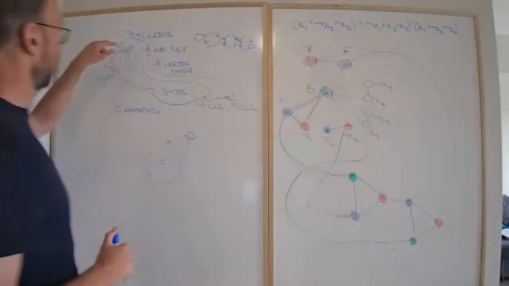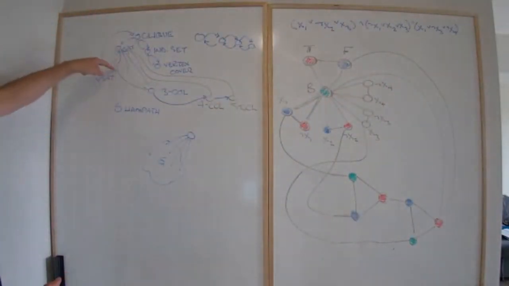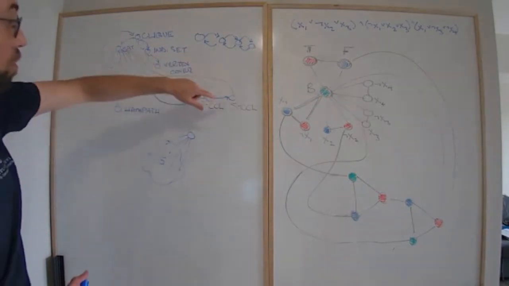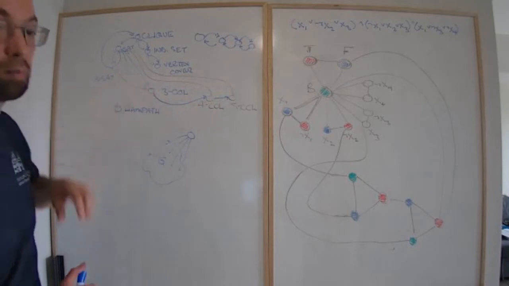But 5-colorability reduces to SAT, and SAT reduces to 3-SAT, and 3-SAT reduces to 3-colorability. So you can also reduce 5-colorability to 3-colorability.